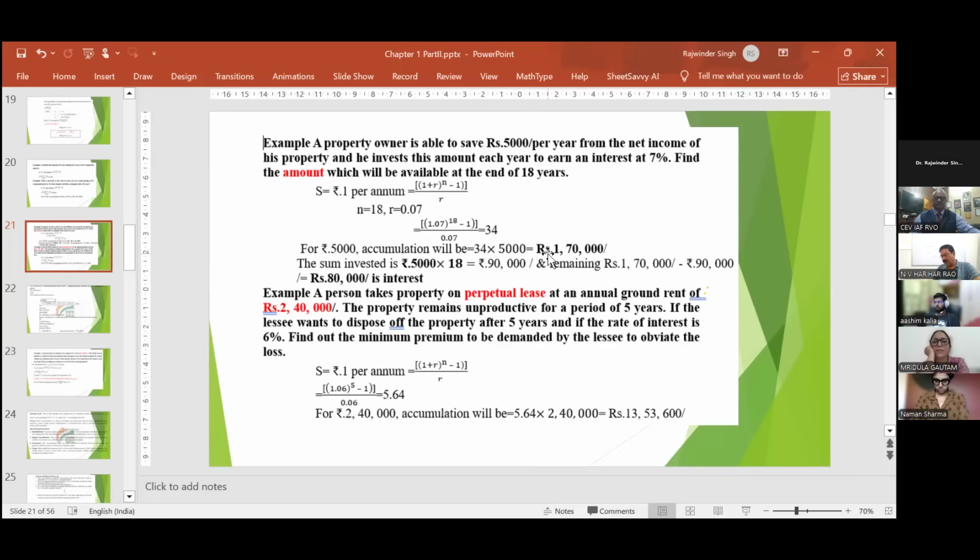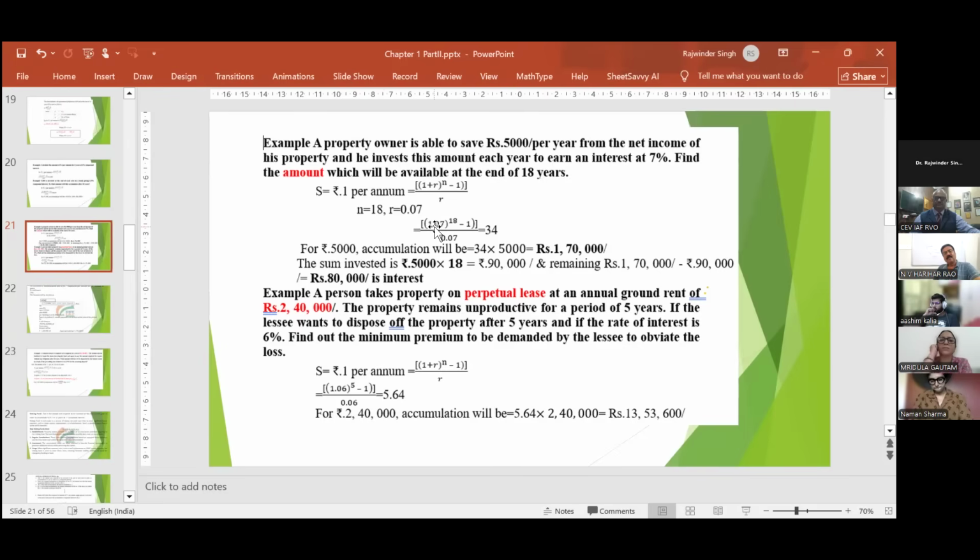If we consider that they are reciprocal to each other, means if FV is known to you, then if FV is 100, it means PV is 1 over 100. They are reciprocal. Similarly here, if you are depositing 5,000 and you are getting 1,70,000, what formula were you applying?